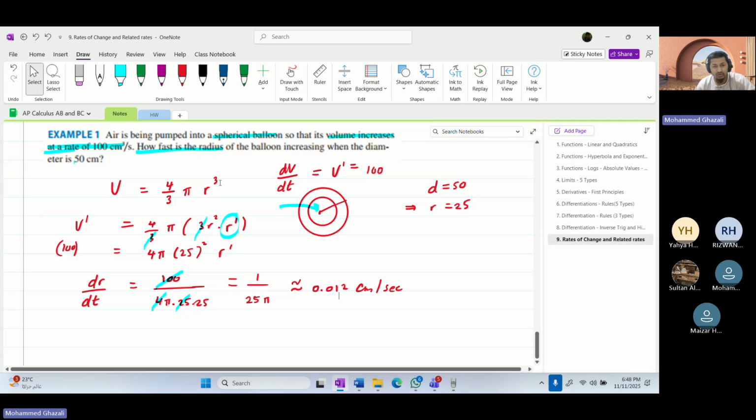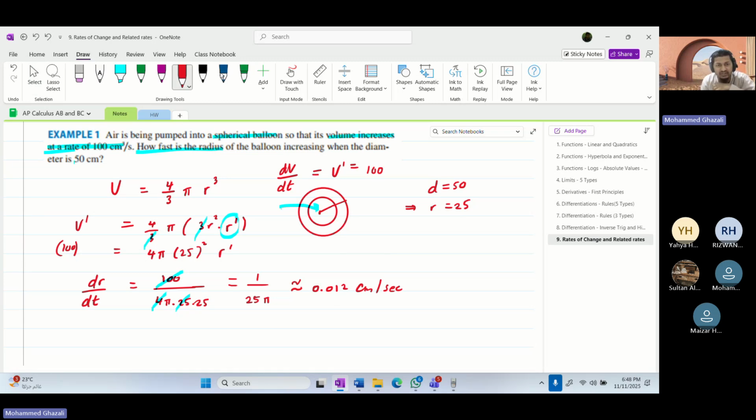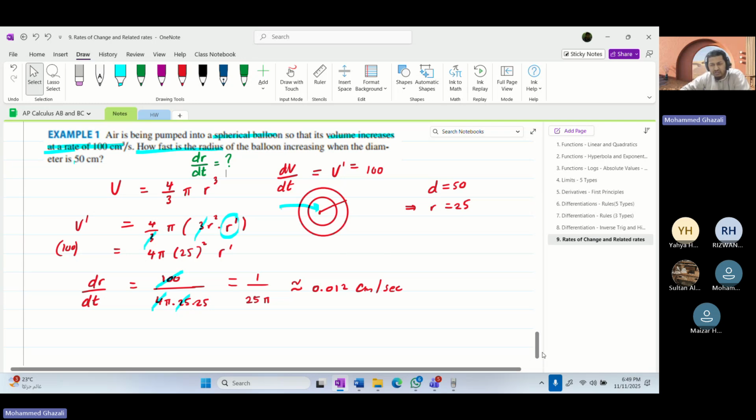We want to find dr/dt, which is r prime. How are you going to find dr/dt without differentiating? You have to differentiate both sides. That's why it's called implicit differentiation with respect to time. So just do implicit, problem solved. It's basically an application of implicit differentiation.